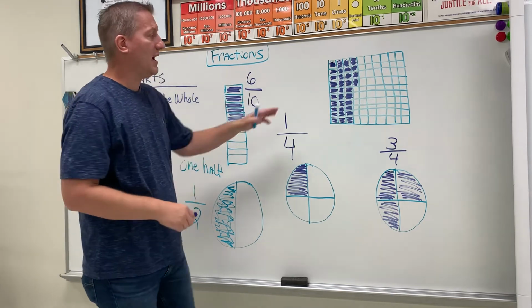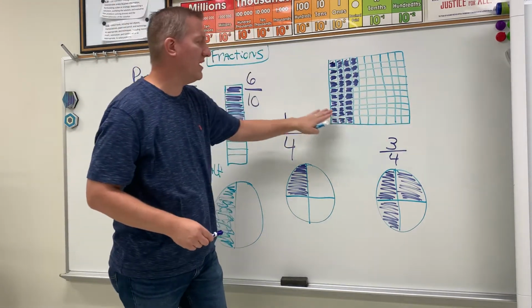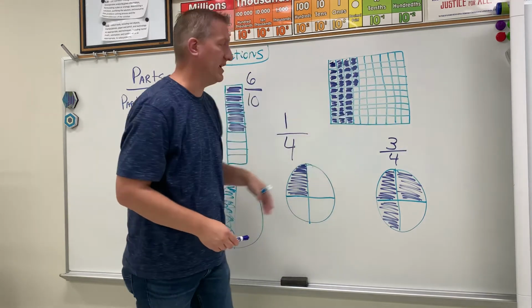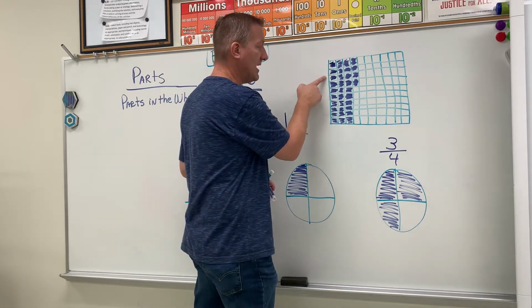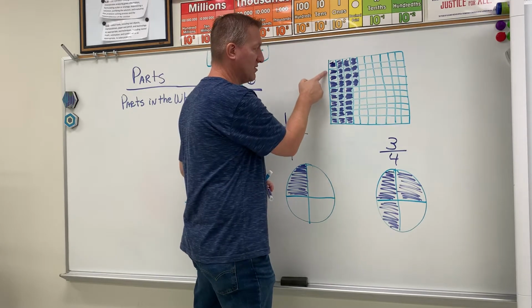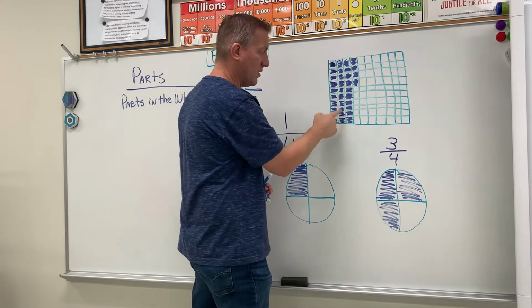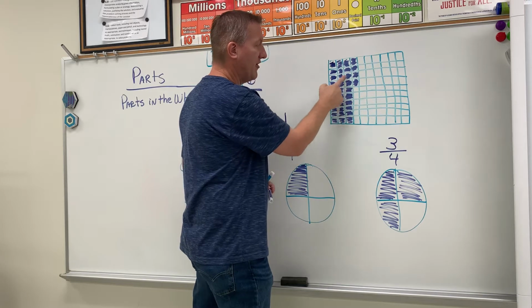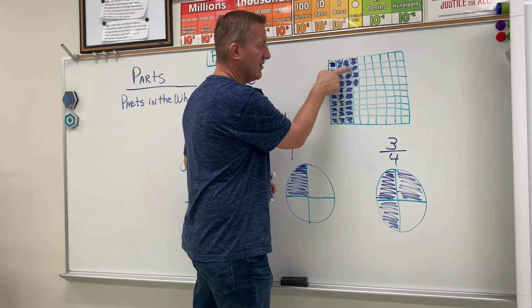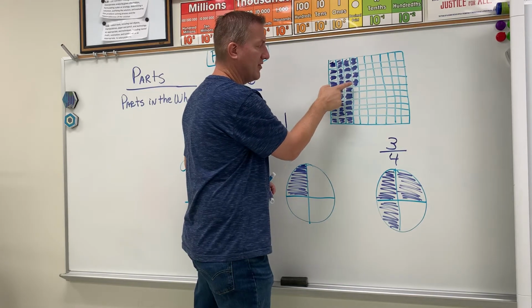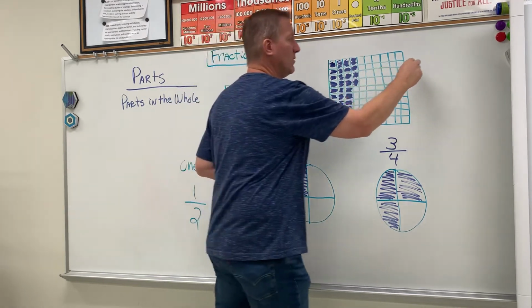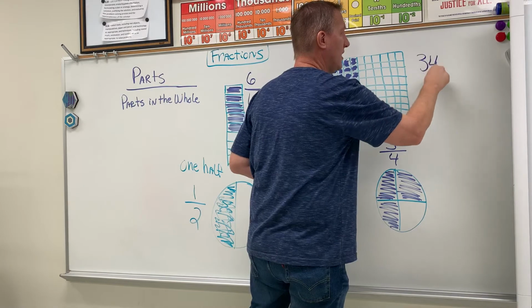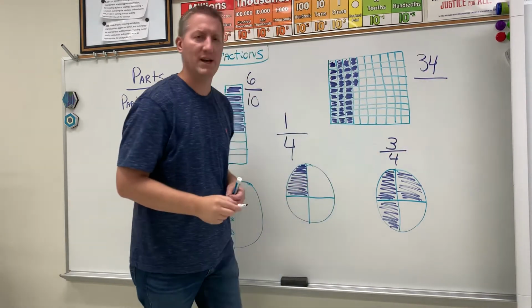Okay, and then in this one, this is a 100 grid. I know it's kind of hard to see probably on the video, but if you count, there's 10 in each row. So there's 10, 20, 30, 31, 32, 33, 34 of those. So that one would be 34 over what?